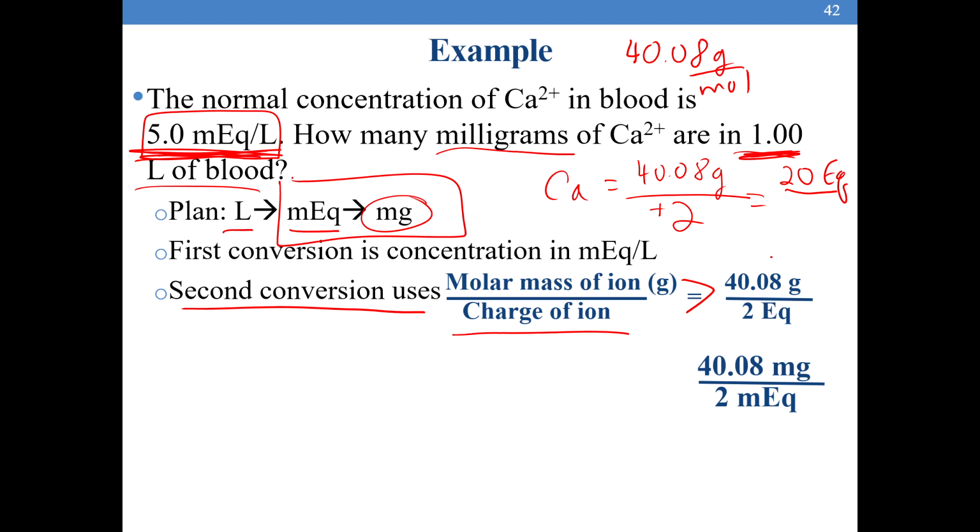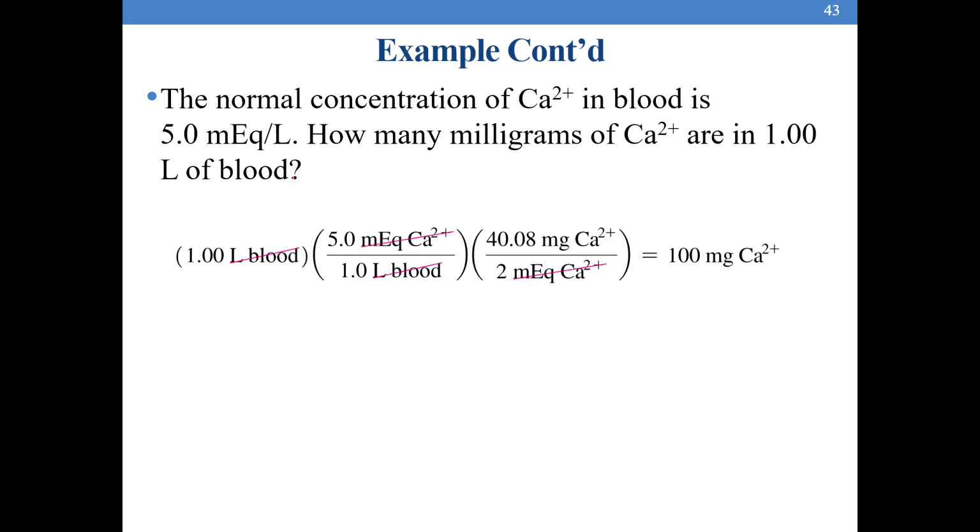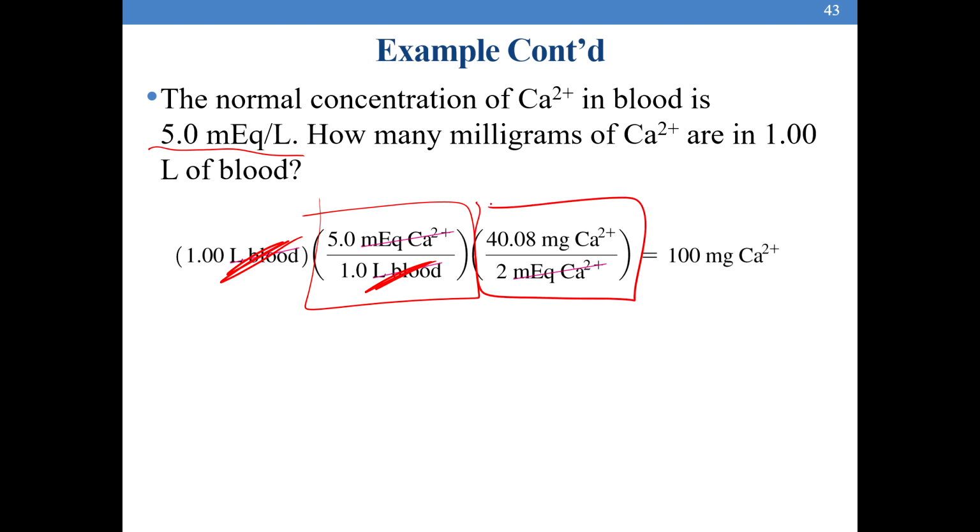Okay? So on the next slide, I actually go through the work. So here's the work. There's 1 liter of blood that cancels with the 1 liter of blood on the bottom. This middle conversion factor was given in the problem. This is the equivalence that we just, based on convenience of doing this with equivalence, stuck milli in front of both of them.